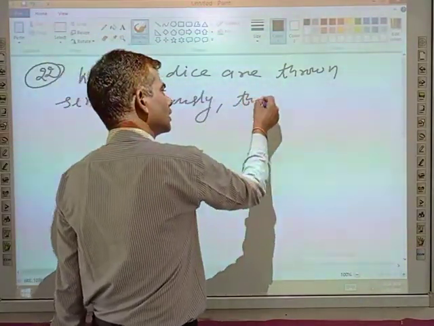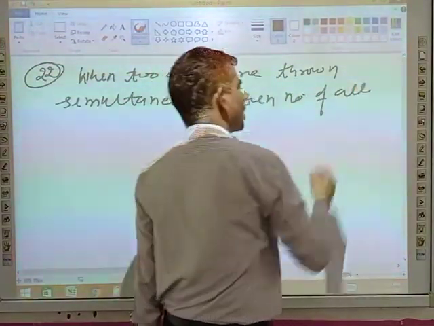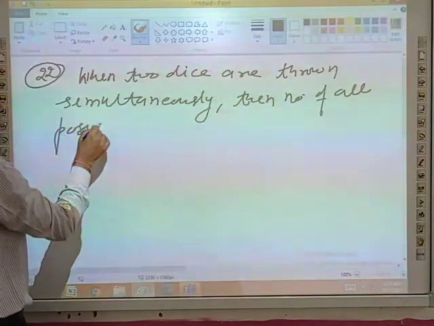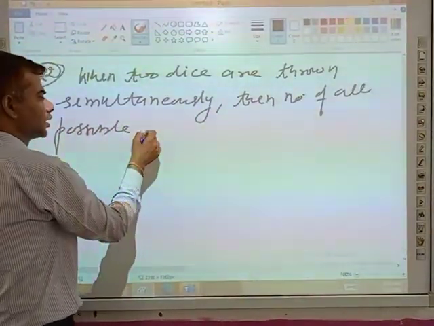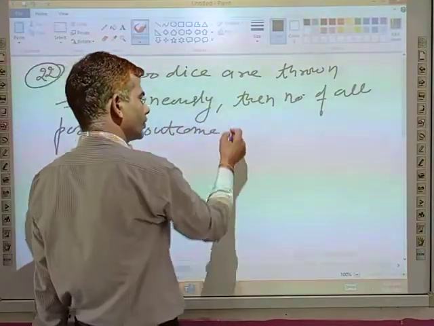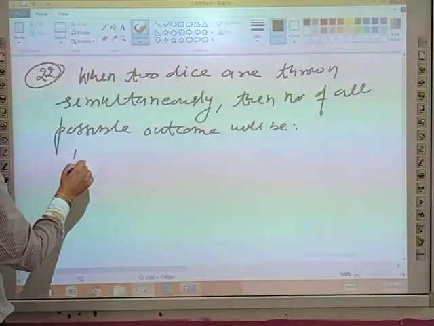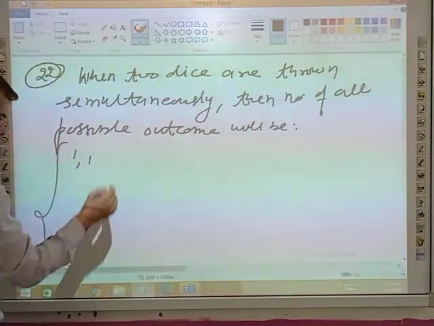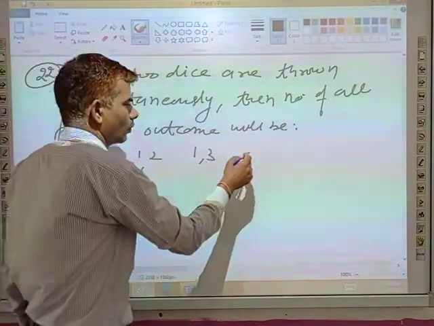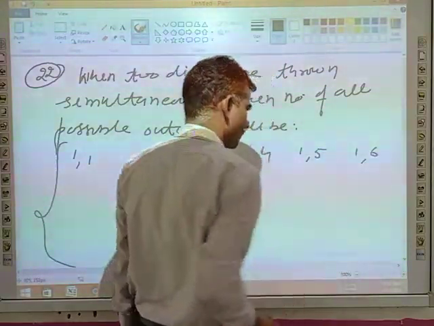Then the number of all possible outcomes will be: 1 1, 1 2, 1 3, 1 4, 1 5, 1 6.